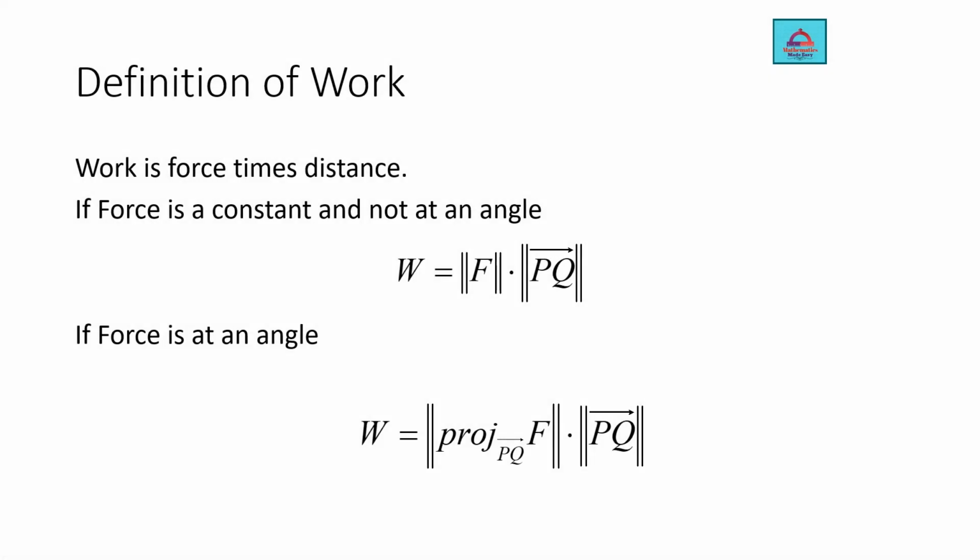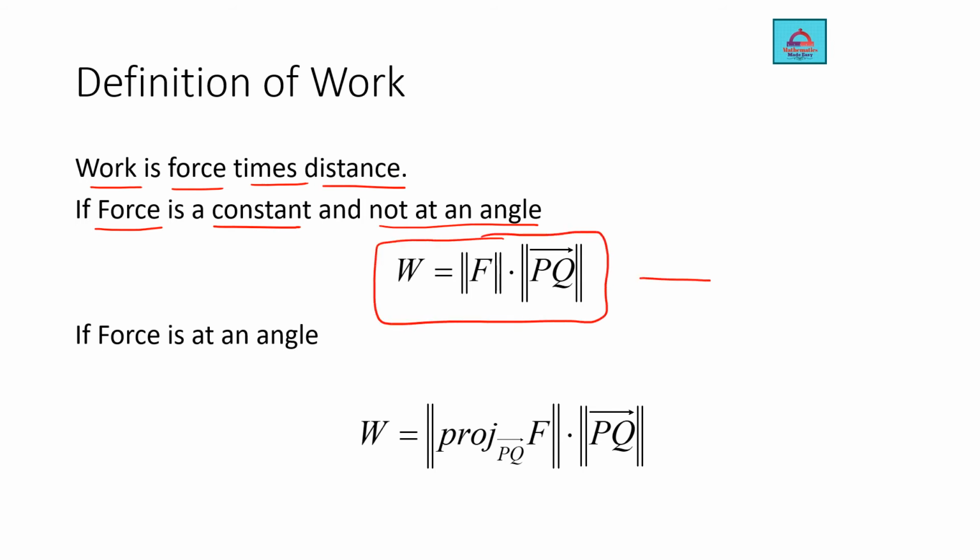And you can also use the concept of projection if an angle is given. What does that mean? Let's see. As you know by the definition of work, work is force dot product displacement. Now, if the force is constant and not at any angle, then you can directly find the dot product by multiplying the force with the displacement like this. This formula will work for you, number one.